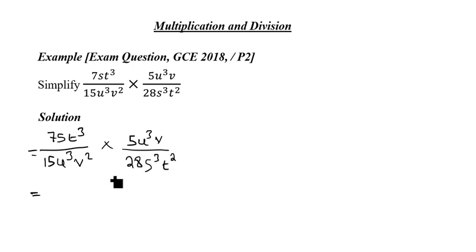We are now simplifying. Okay, because 7 can't go into 15 without leaving any remainder. So I'm looking for the number that I can divide 7 with. So 7 into 7, 1. 7 into 28, 7 goes into 28 how many times? Okay, 4 times. So this is paper 2, you can even use a calculator.